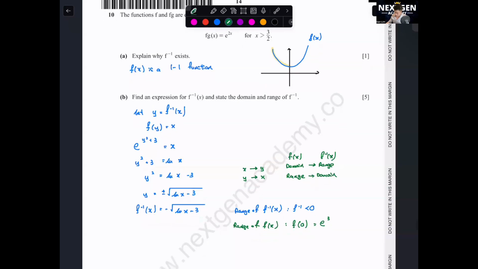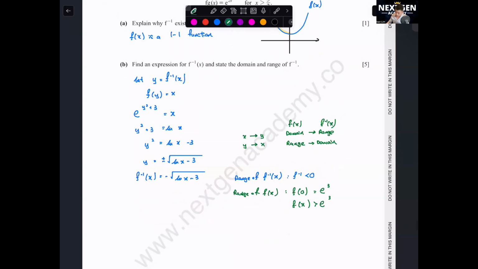This will be f(x) more than e to the power of 3. So your domain of f inverse x, back to here, maybe I write this in green color. Domain of f inverse x will follow the value of the range, which is x more than e to the power of 3.